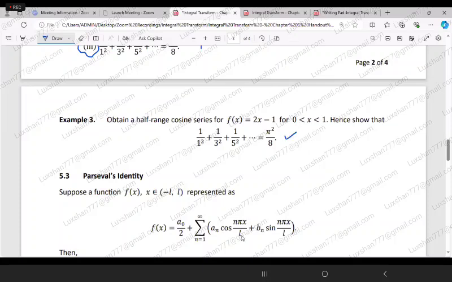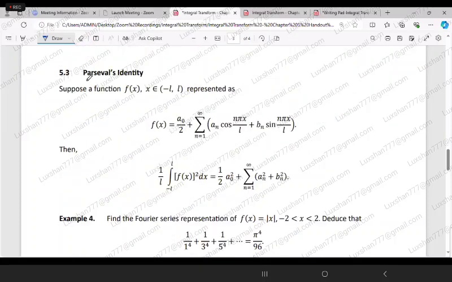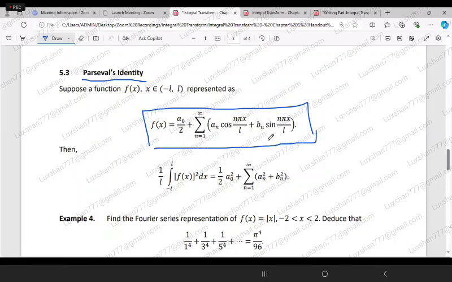Right. Now let's talk about the Parseval identity. Actually, proof is not necessary. It says that we know the Fourier series expansion is like this. We are familiar with this one.